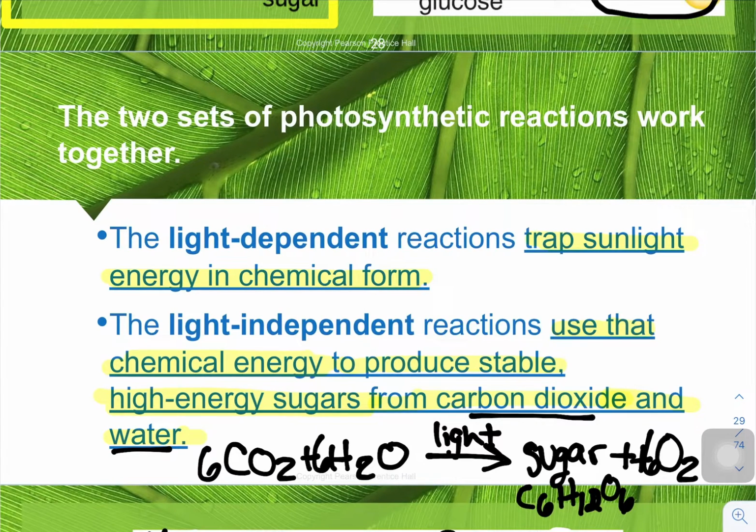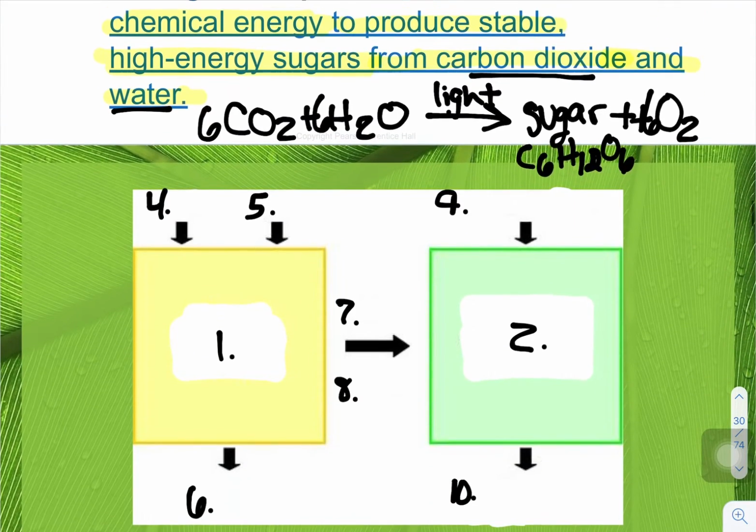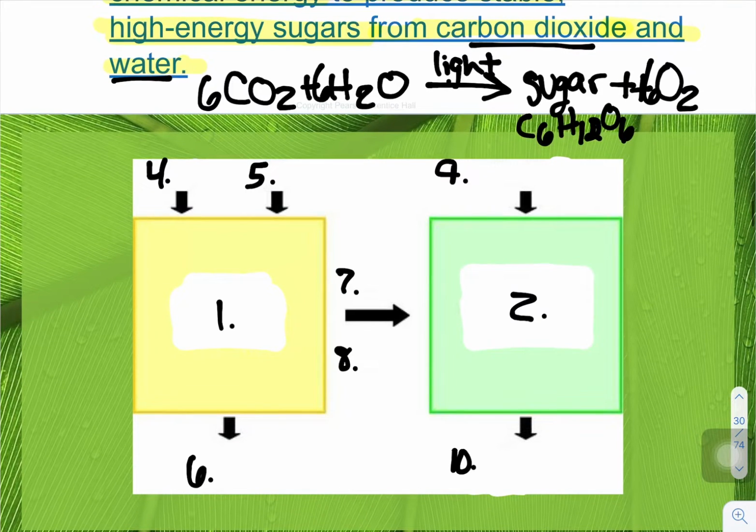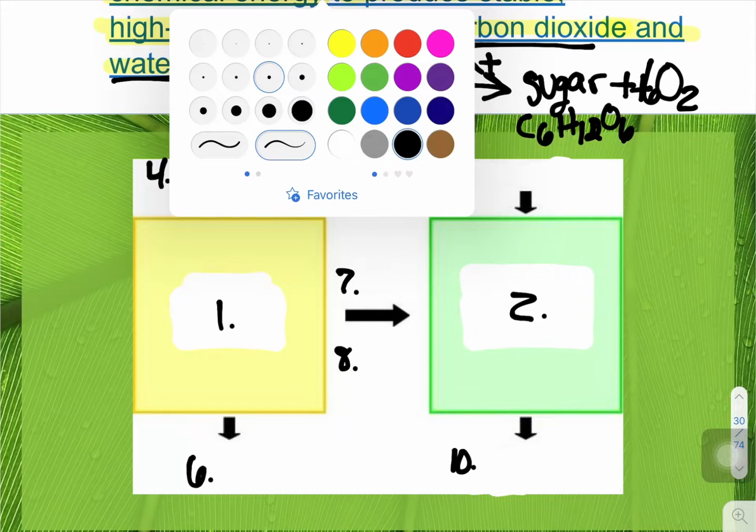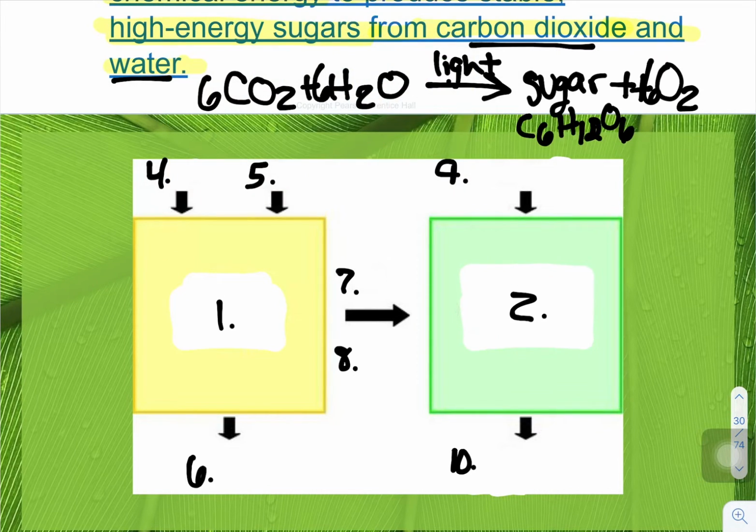Now let's see if we can fill in our blank diagram here to briefly review an overview of these steps for photosynthesis. So step number 1, see if you can fill it in before I give the answer. All right, this step number 1, we've got a big yellow sun right here, and it's coming in.